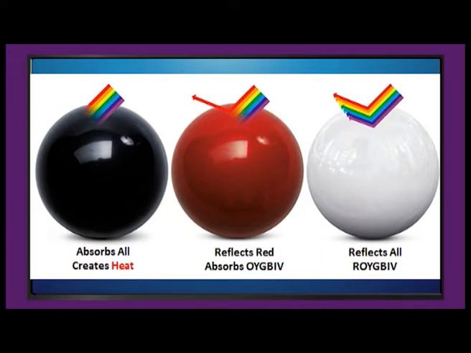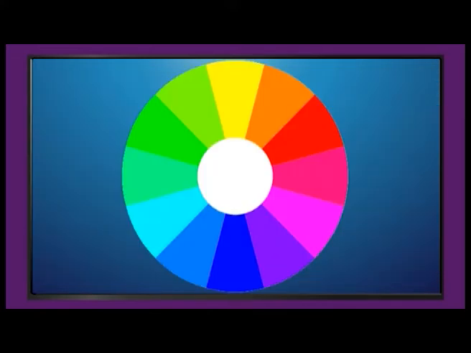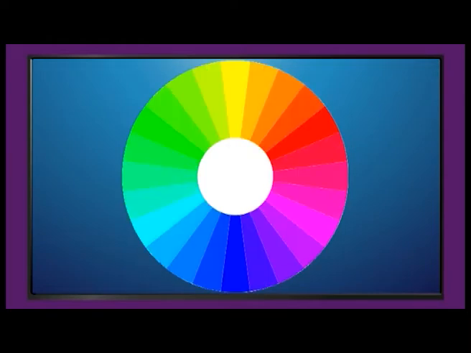Instead, our brain sees the complementary color, which is formed by the combination of all visible radiation except the absorbed radiation. This you can understand by using a color wheel model.